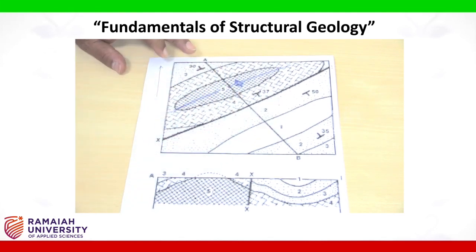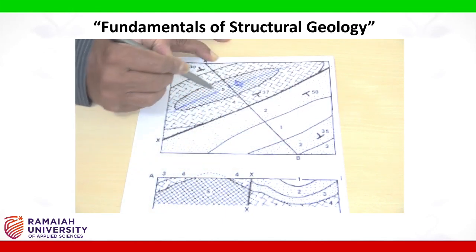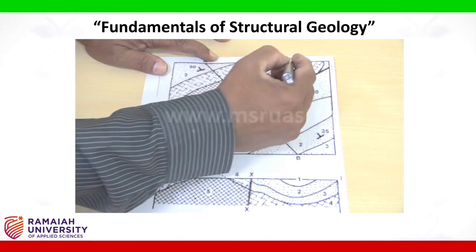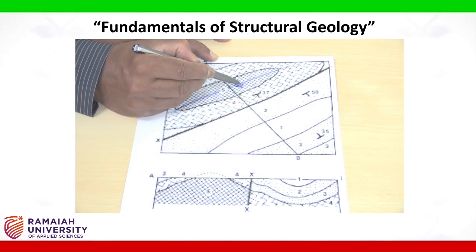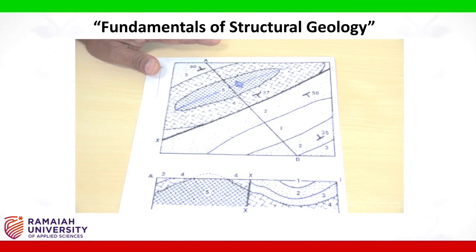That means it shows an anticlinal axis. That means the limbs of the structure are dipping away from each other. The central line that can be drawn here is the axis of folding, and that is represented as a line with a triangle showing the dip directions or the inclined direction.